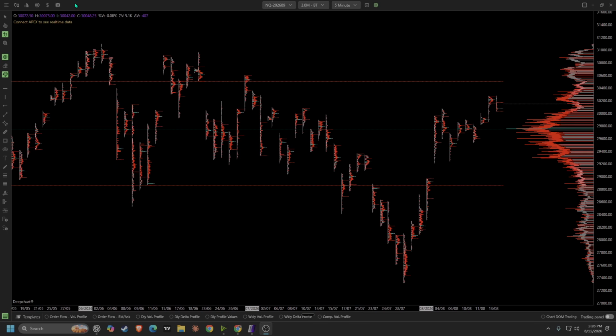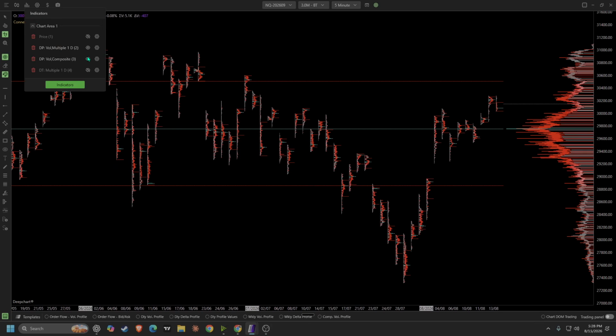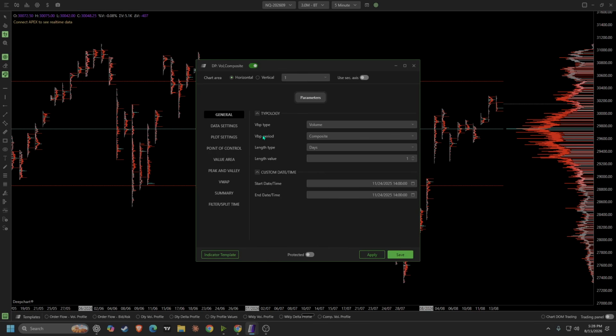So I'm going to come over to this composite profile, because sometimes if you have too much on the chart, even with volume profiles, it becomes really noisy. You can definitely see some clear areas where the most volume has been traded, and some ledges and some little peaks and valleys, I guess would be another way of putting it.